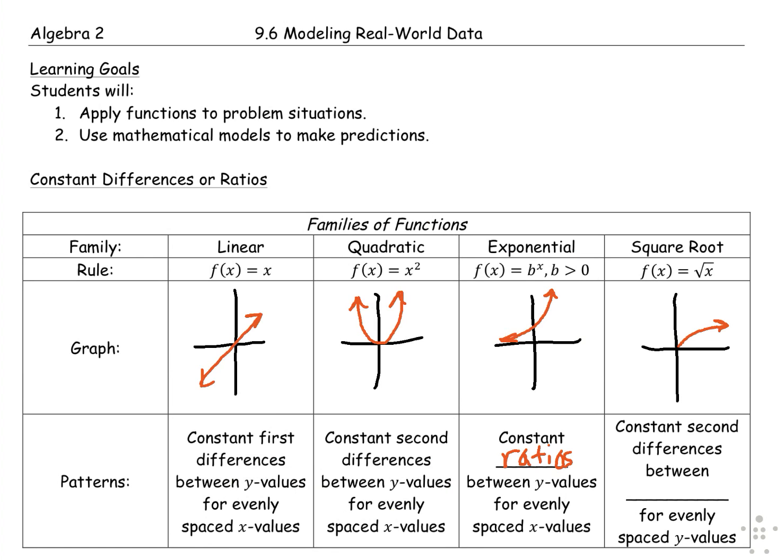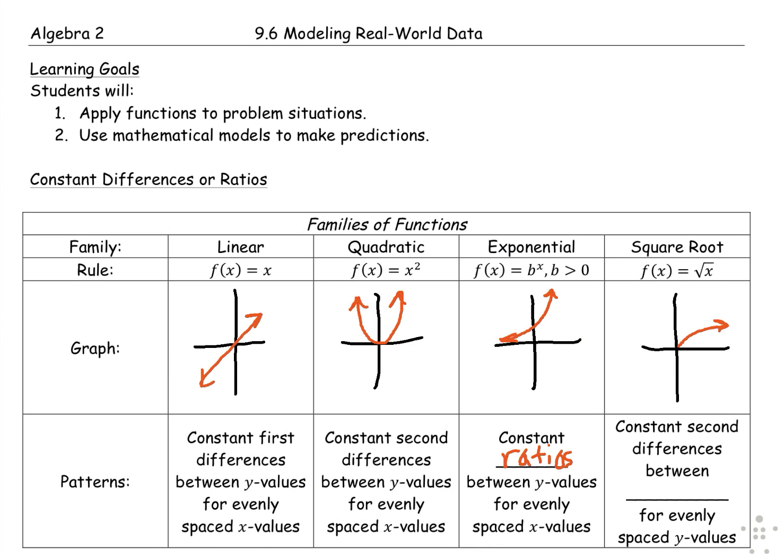So when you divide, let's say, the second y coordinate by the first y coordinate, and then you do that for the next pair of consecutive y coordinates, overlapping, of course, so then third on the second and fourth on the third. If they all have approximately the same ratio, exponential, because you're working backward and you are saying, what did I multiply to get from one term to the next? And that's where the exponential comes in.